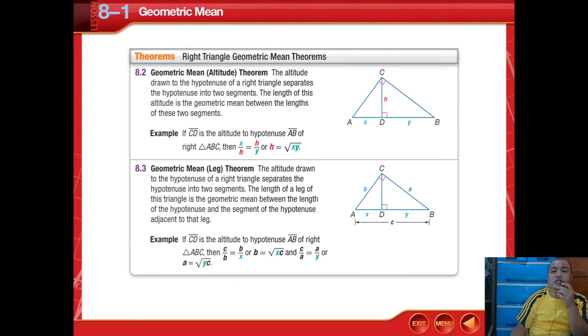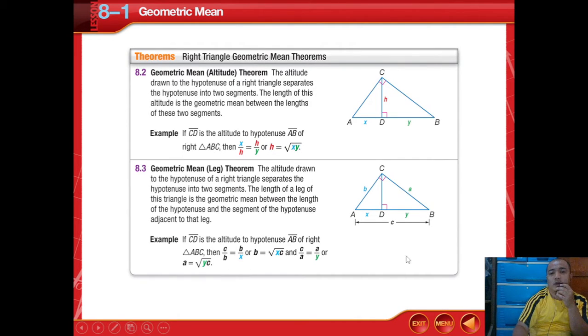So I've discussed this in version 1. Example: CD is the altitude to the hypotenuse AB of right triangle ABC. Then c over b is equal to b over x, or b is equal to the square root of xc, and c over a is equal to a over y, or a is equal to the square root of yc.